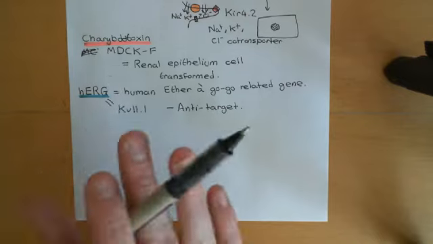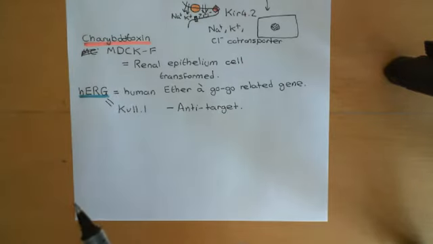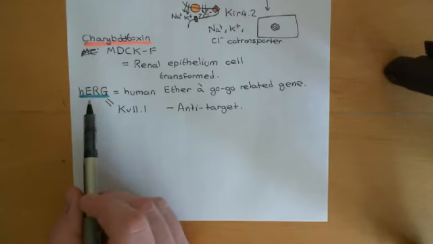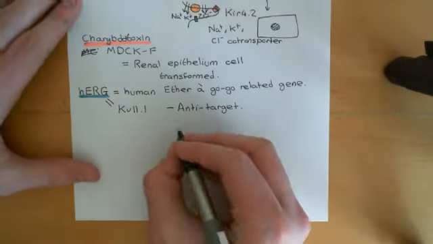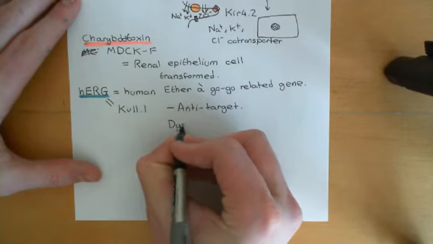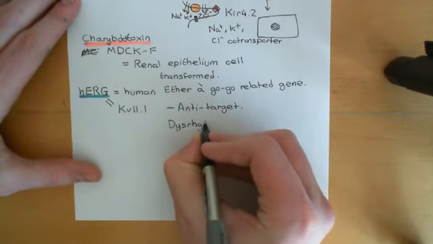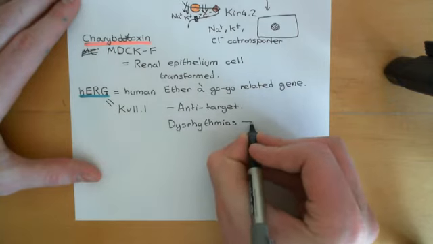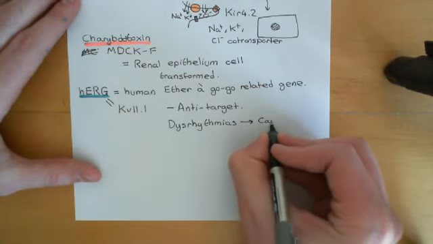It causes something known as long QT syndrome, where the cardiac action potential becomes much longer because it takes much longer to repolarize the electrical potential difference across the cardiomyocytes when this channel is blocked. This can lead to dysrhythmias, and dysrhythmias can lead to cardiac arrest, basically the heart stopping beating, and that's obviously very fatal if you're not in hospital extremely quickly.